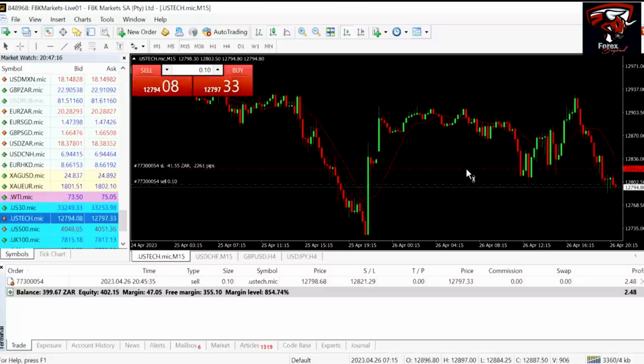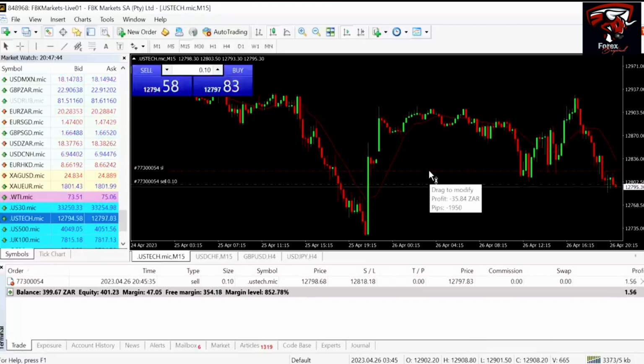For example, I've set my stop loss at about 1,950 pips, but it's not really pips, it has to be points or something like that.